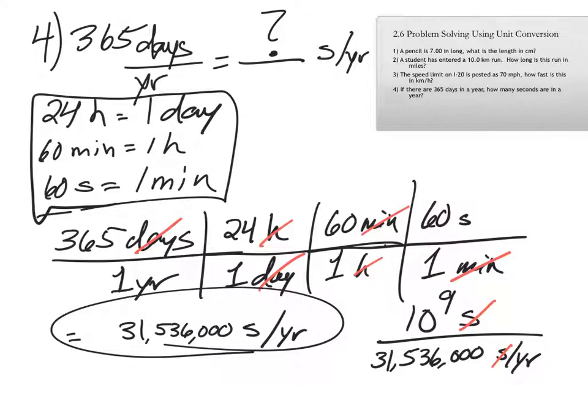You've got years left over, which, since it's in a denominator within another denominator, will actually go into the numerator. And when you do that, this comes out to 31.7 years. So if you've reached 31.7 years, or 31 years and 8.5 months, then you have reached 1 billion seconds in your life.